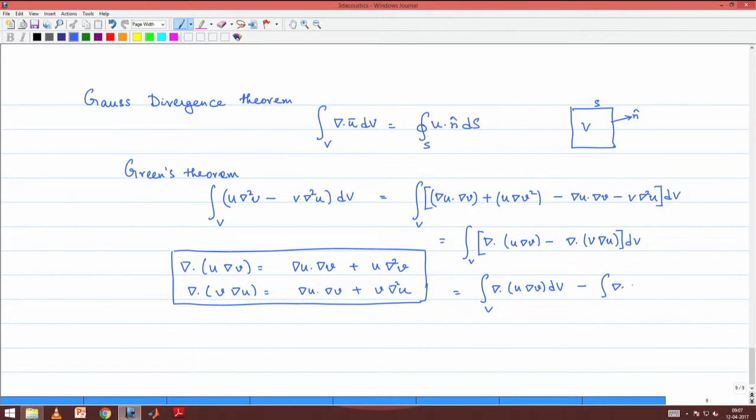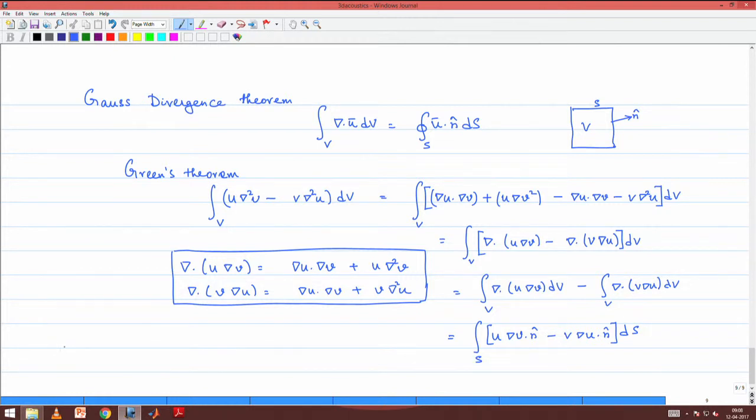The two surface integrals will be u del v dot n minus v del u dot n over the bounding surface, where n is the exterior normal.